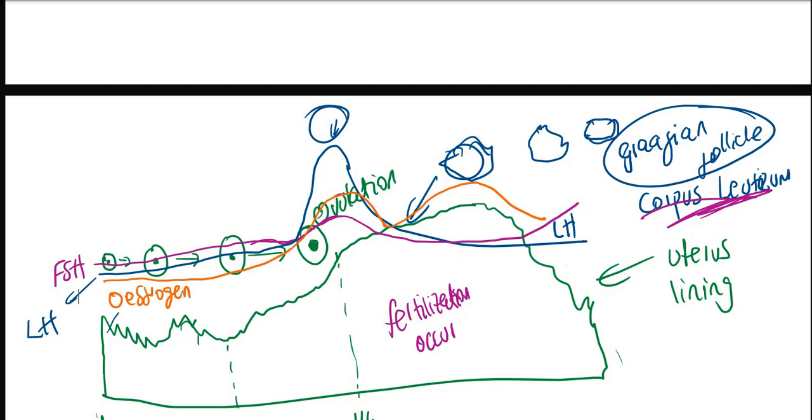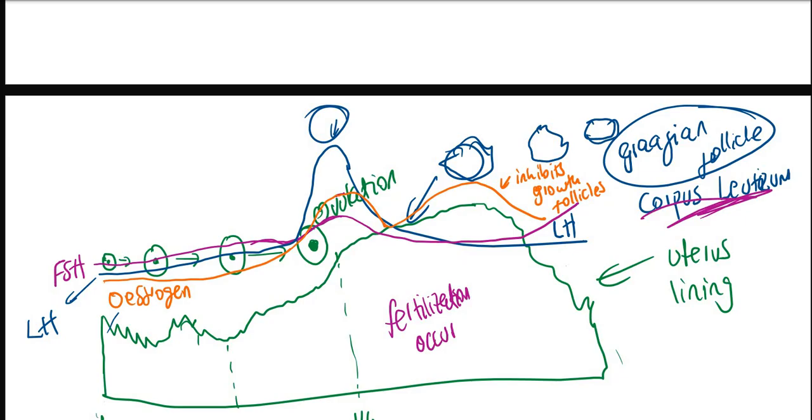So the estrogen is there to make sure that it inhibits the growth of the follicles. That is one of the most important things about that. And then it also prepares the uterus for fertilization.